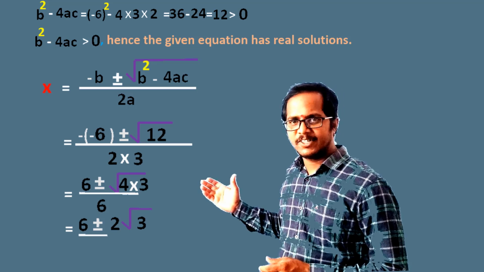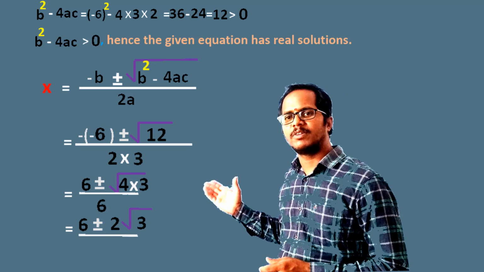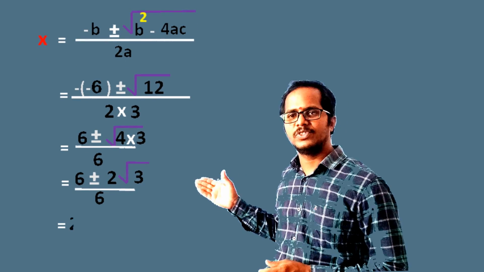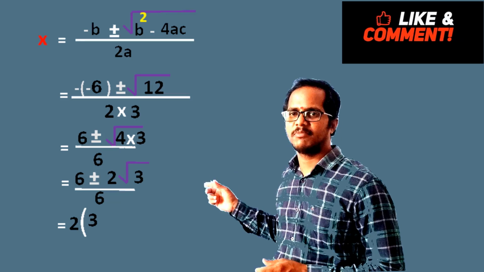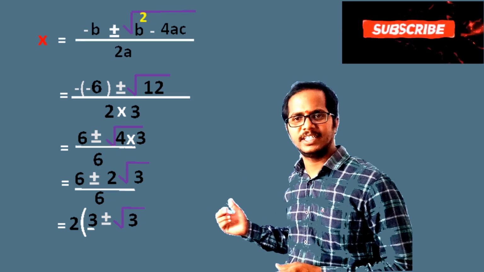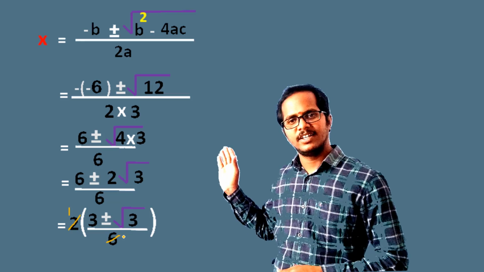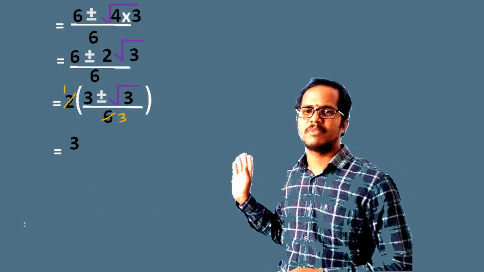And if we take out 2 as common from both these terms, 6 and 2 root 3, we get 2 in bracket 3 plus or minus root 3 by 6, and if we cancel 2 and 6 here, we get 3 plus or minus root 3 by 3.